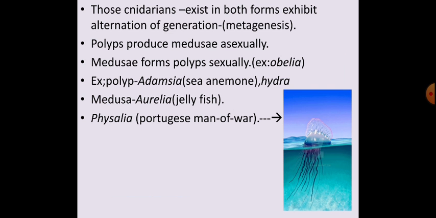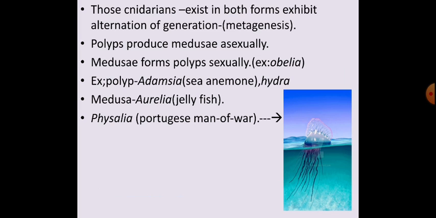Since they exhibit two forms, they are called alternation of generation or metagenesis. Now, the speciality is polyps produce medusa asexually.